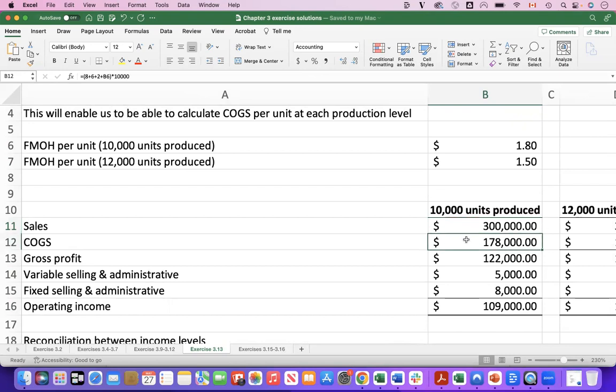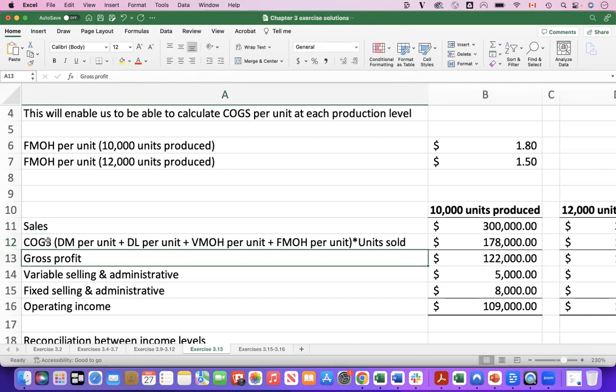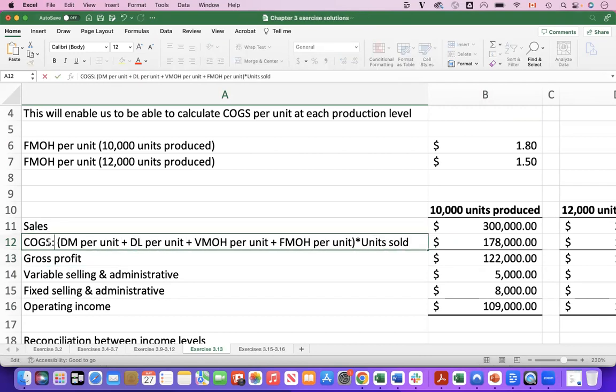Cost of goods sold, how do we get that? Well, remember, under absorption costing, it's direct material per unit plus direct labor per unit plus variable manufacturing overhead per unit plus fixed manufacturing overhead per unit, and then all of that times units sold. I'm just gonna make that a little clearer to see.